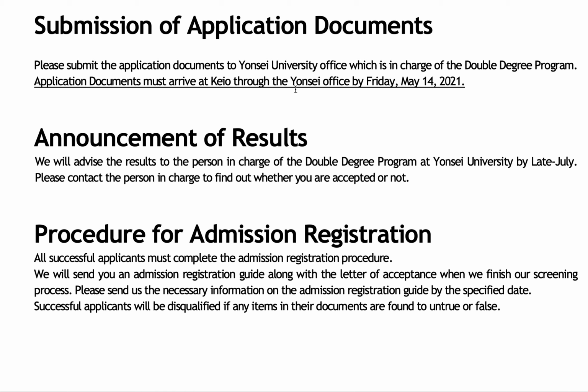To get the admission of Keio University, you also have to get the admission agreement of your thesis advisor. So it's very important to find a thesis advisor. That's the most important one. Remember it.